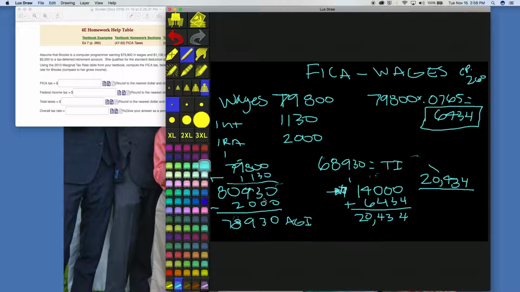Remember, my total income is before my adjusted gross income. So don't get confused and don't use your AGI when you calculate your percent of income. You're going to use your gross income, which in this case was the wages plus the interest. So it's the taxes that you're paying divided by your gross income.